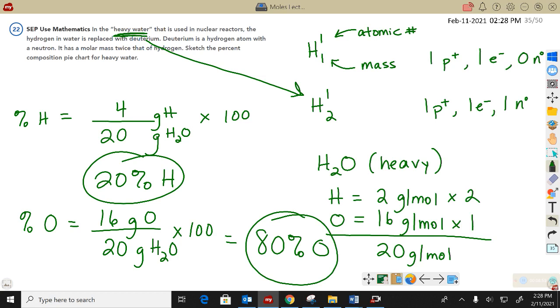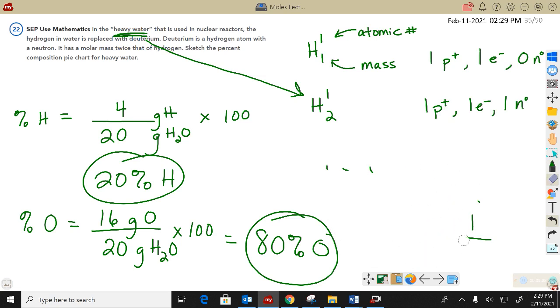So from here, if they wanted me to set up a pie graph, I guess we could, but it would be kind of an estimate. Let's see if I can set up a pie graph. We'll get a little more space in here.